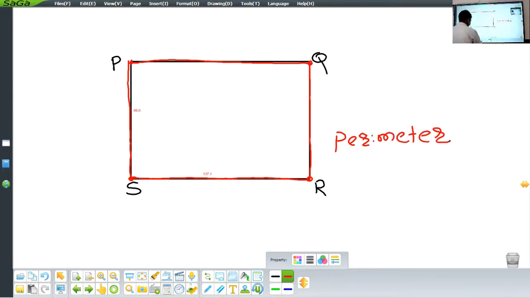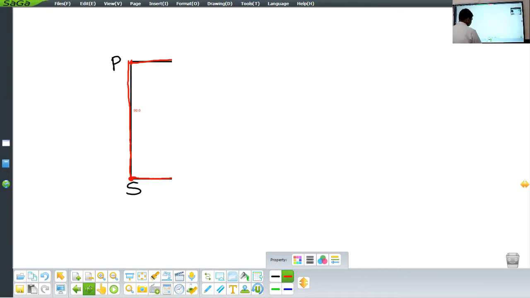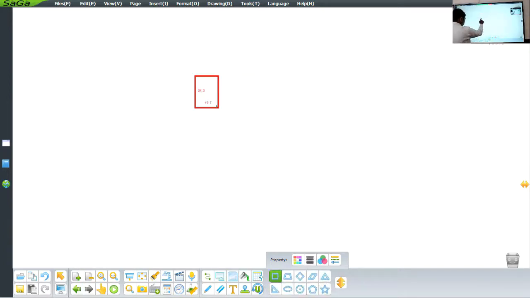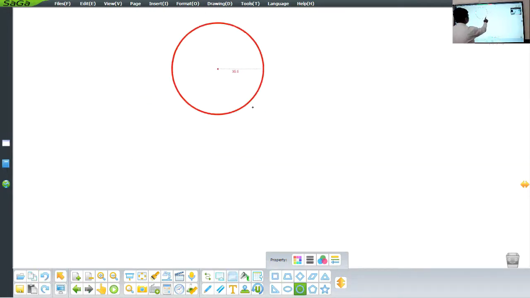What about a circle? Let's take a circle and see what the perimeter of a circle is. Here I draw the circle.